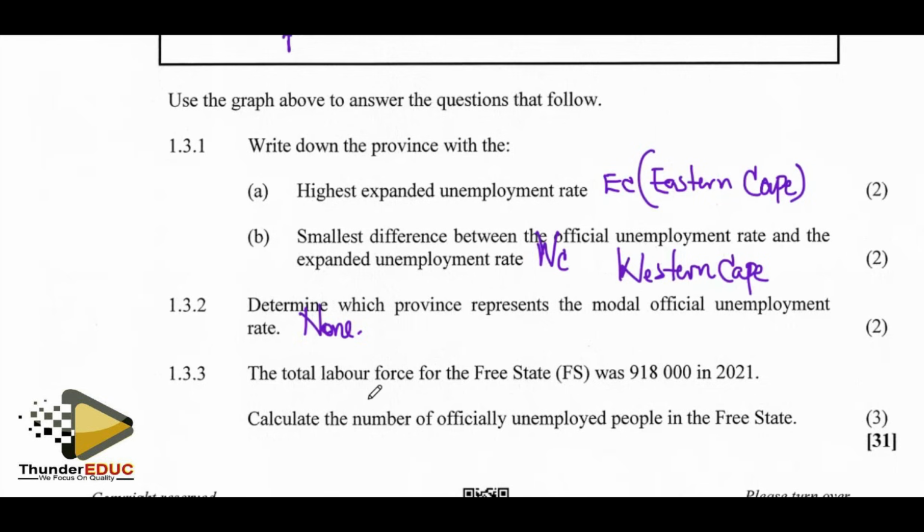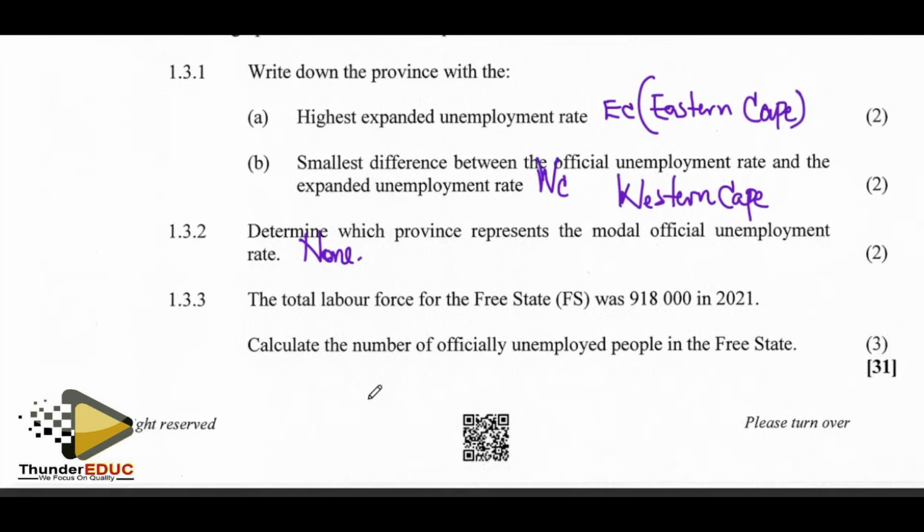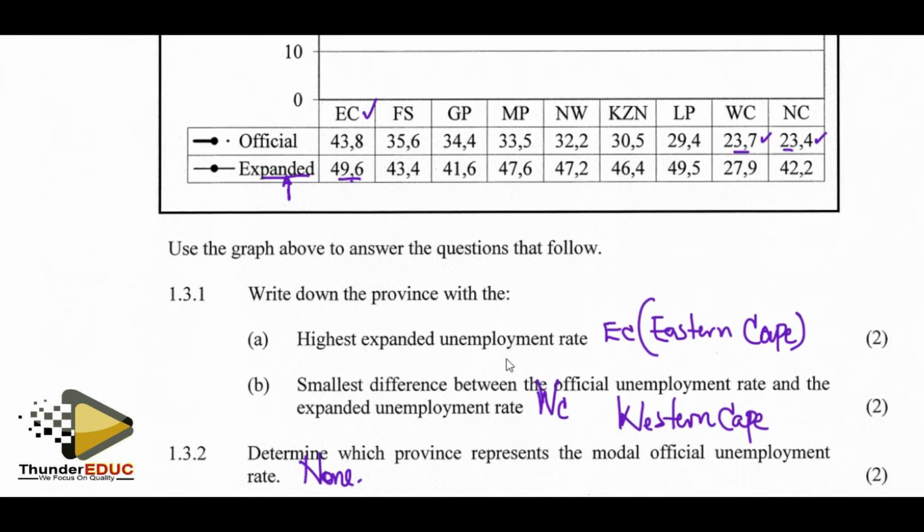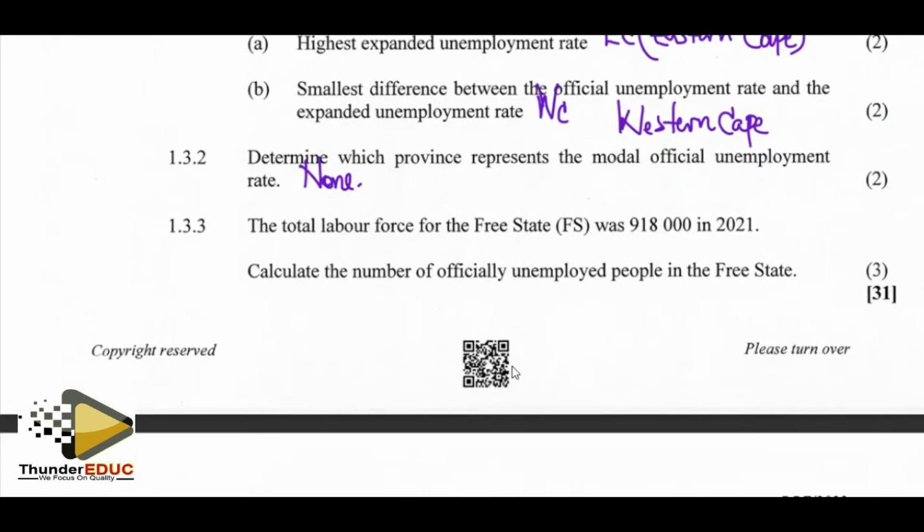The total labor force for Free State is this much in 2021. Calculate the number of officially unemployed people in Free State. So, officially unemployed, we shall come here, official. Look for Free State, this much percentage, 35.6%. So you come down here, 35.6% times 918,000.